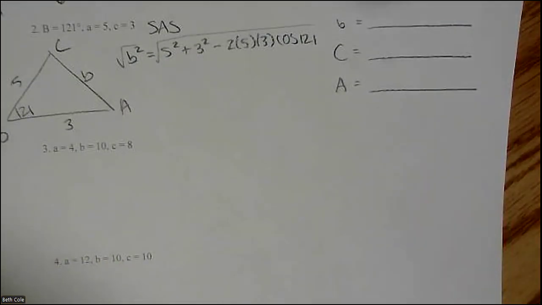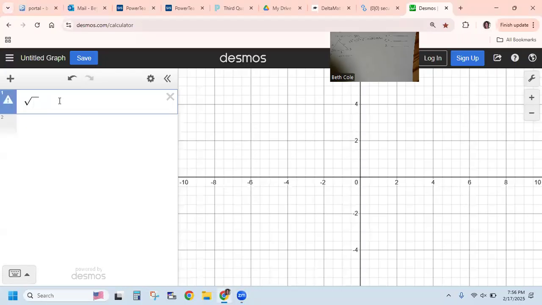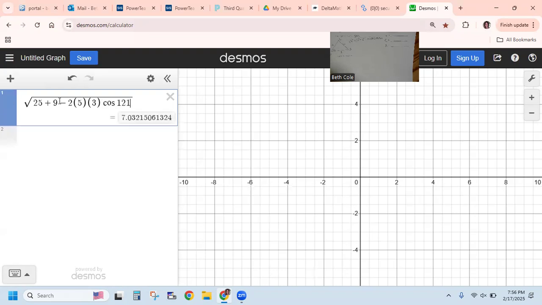And let me type that in the calculator. Right, so I got 7.032, and I want that to be stored as little b.